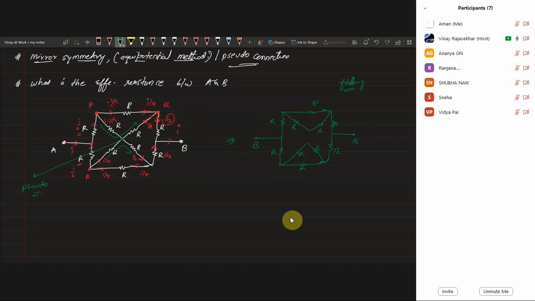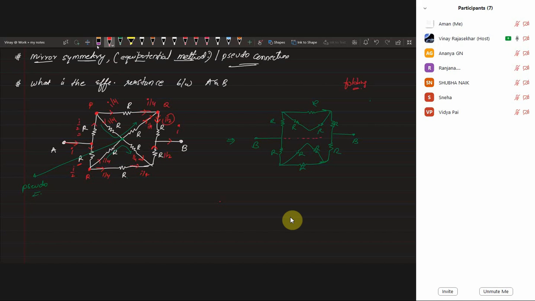That is called folding symmetry, or folding method, or you can call it the lateral method, because you fold the circuit in a line perpendicular to AB.